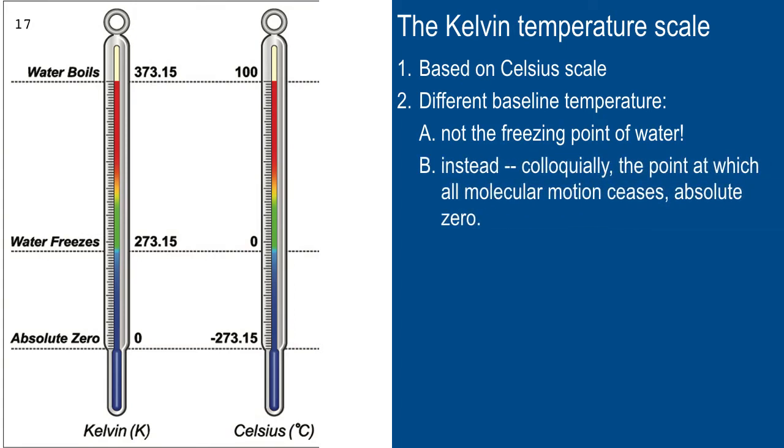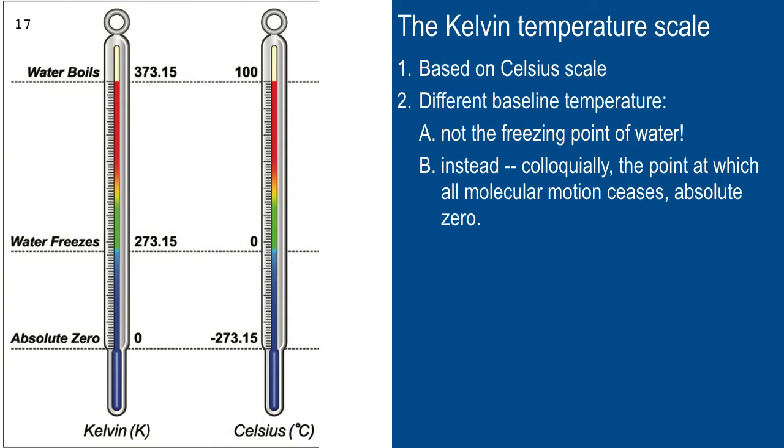And this is the conventionally considered point at which molecules stop buzzing around. The kinetic theory of matter says that when you have a temperature, you've got an average kinetic energy. So if you have 0 temperature, that means your average kinetic energy is 0.